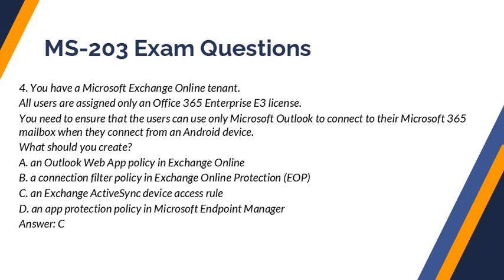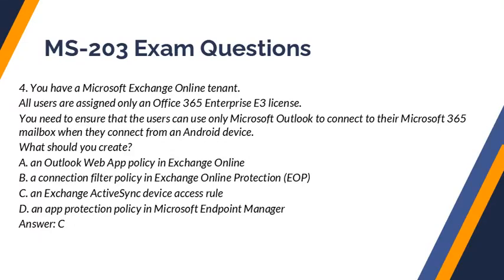4. You have a Microsoft Exchange Online tenant. All users are assigned only an Office 365 Enterprise E3 license. You need to ensure that the users can use only Microsoft Outlook to connect to their Microsoft 365 mailbox when they connect from an Android device.